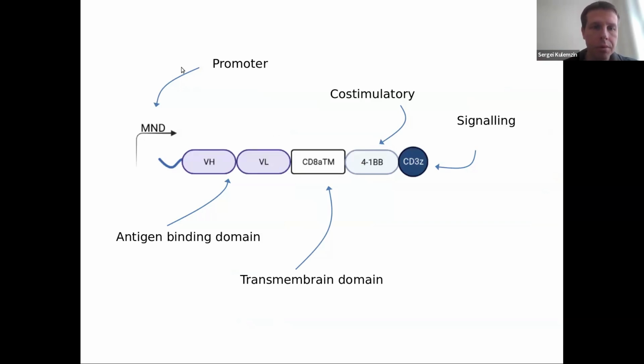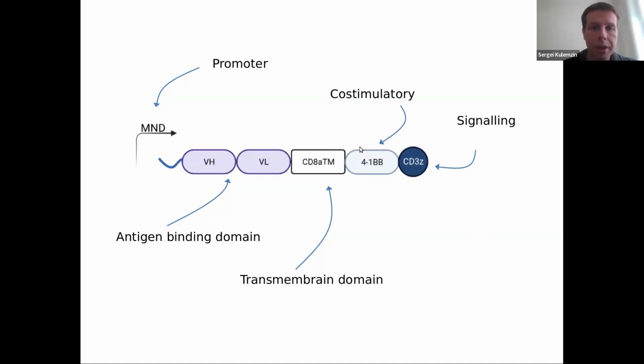So let's take a look at the core elements of chimeric antigen receptors. First of all, we have the promoter. That is a sequence of DNA that will induce transcription of the RNA encoding the chimeric antigen receptor. Professor McClellan shared a lot of data about how you can use promoters, how you can combine bidirectional promoters to produce two CARs simultaneously.